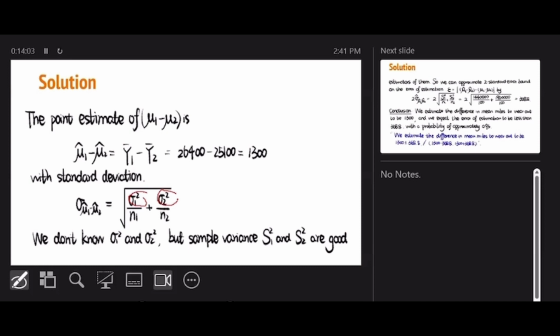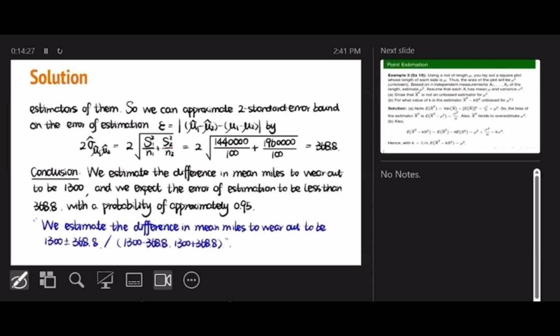The population variance can only be obtained if I've studied all tires. But on Friday, I was able to prove that the expected value of a sample variance gives us the population variance. Because of that, we can replace the population variance with the sample variance. That is the reason why you're seeing s1 squared, s2 squared. Those are sample variances now.